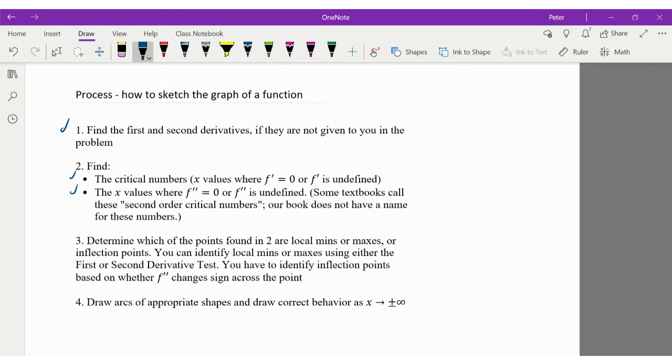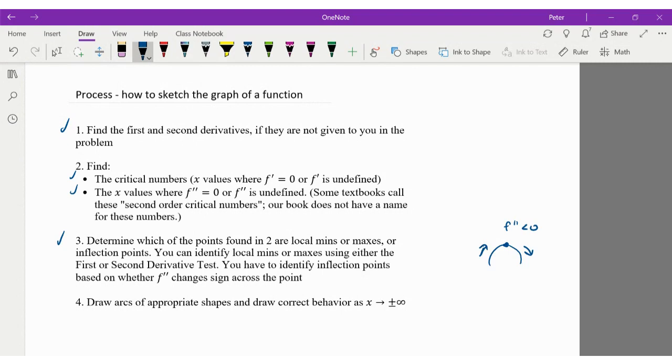So next thing you want to do is determine whether the points you found in step number 2 are local maxes and mins. You can determine that either using the first or second derivative test. If you happen to have a non-zero concavity at one of those points, then if let's say that at this point f prime prime is less than 0, then I know that it looks like that, which means I also know that the first derivative must be positive to the left and negative to the right.